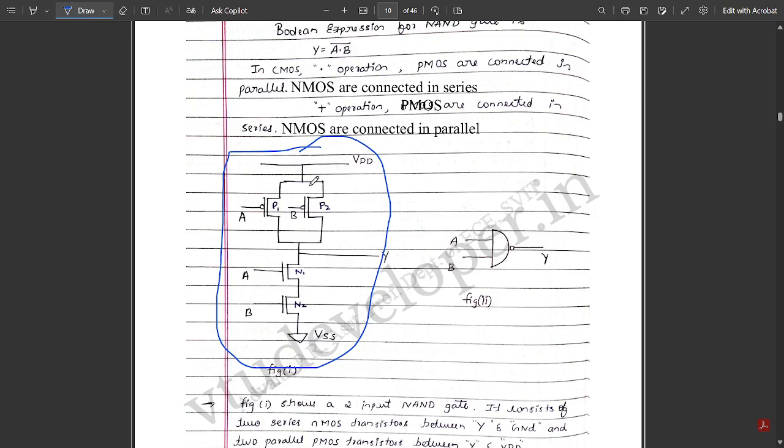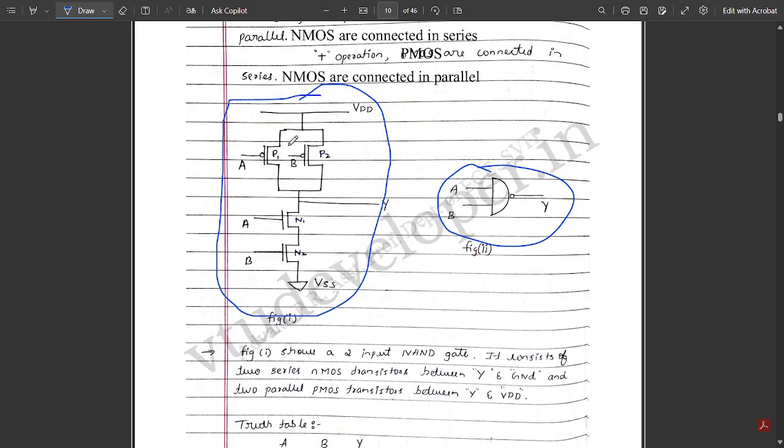So in the pull-up part, the two PMOS transistors with inputs A and B are connected in parallel, whereas in the pull-down part, the two NMOS transistors A and B are connected in series. So this is one simple two input CMOS NAND gate circuit, and this is the symbol of the NAND gate, as you know.